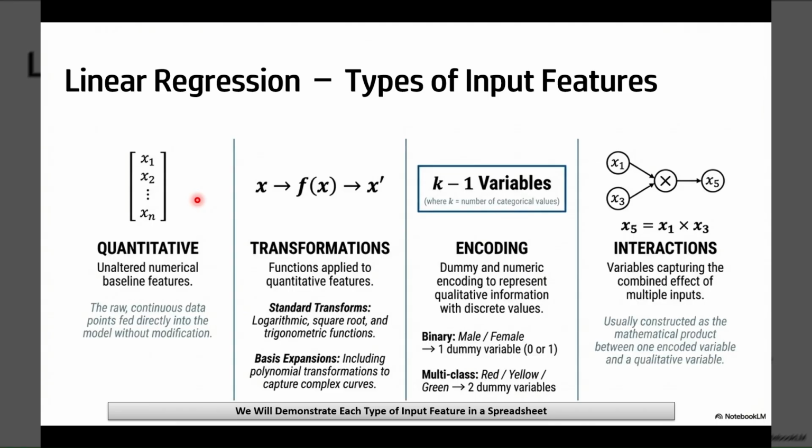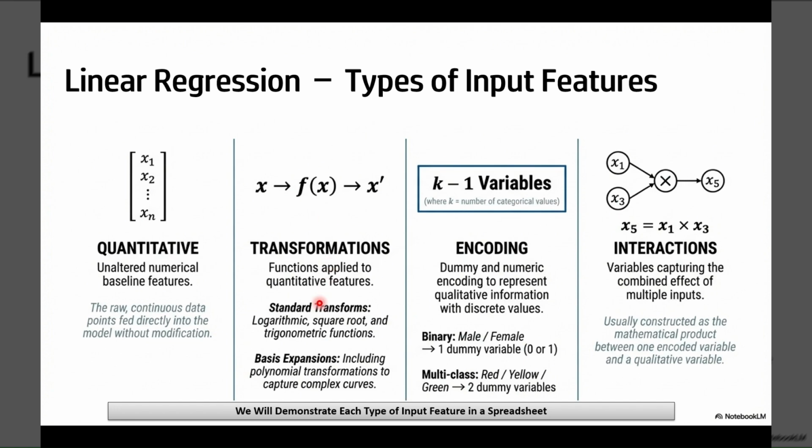They usually denote raw or continuous types of data inputs. Things like age, weight, height, salary, price, they all come under the quantitative feature category. You can apply mathematical functions and transform these quantitative features. They are known as transformed variables.